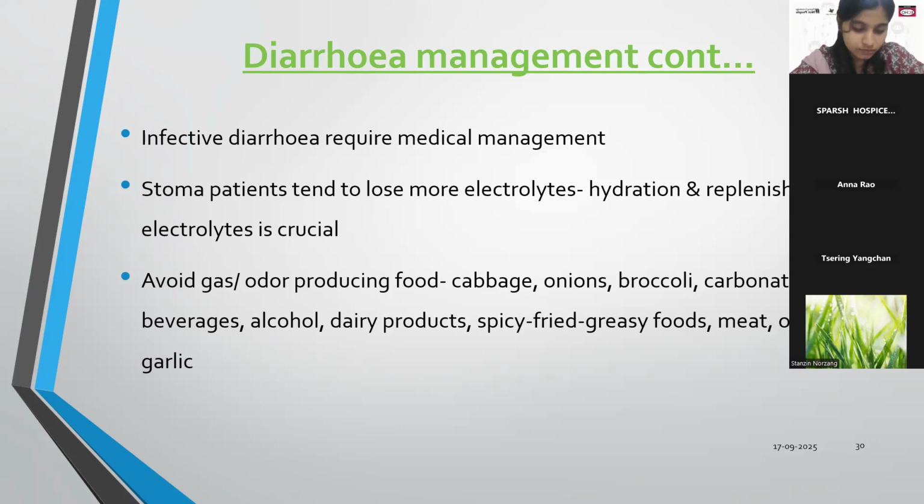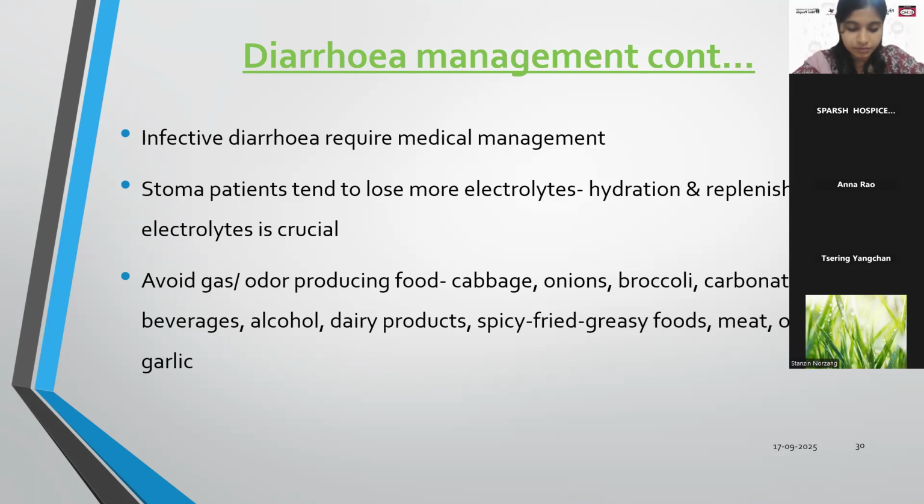Infective diarrhea will require medical management, so see to it that they are treated properly. Stoma patients tend to lose more electrolytes also, because now the bowel is non-functioning, and the important function of the bowel was to absorb the liquids and electrolytes and water.